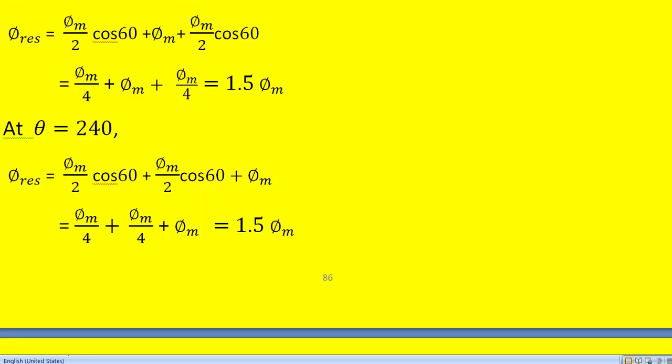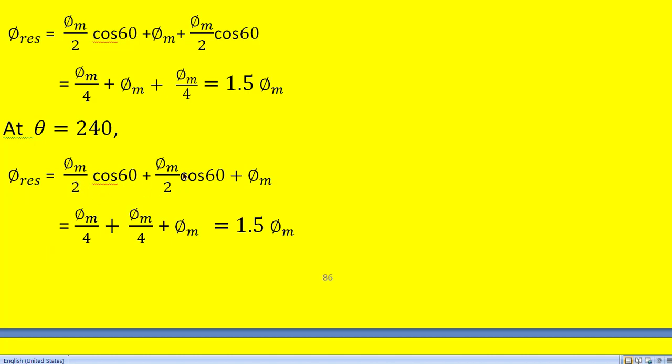So we have the three fluxes in the same direction, that is B phase, Y phase and R phase. Then we have to add these vectorially and find what is the resultant flux. Let us see what is going to happen. At theta equal to 40 degrees, from the flux vector diagram, the resultant flux will become like this.